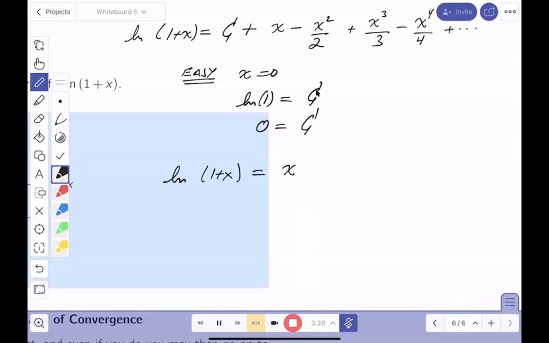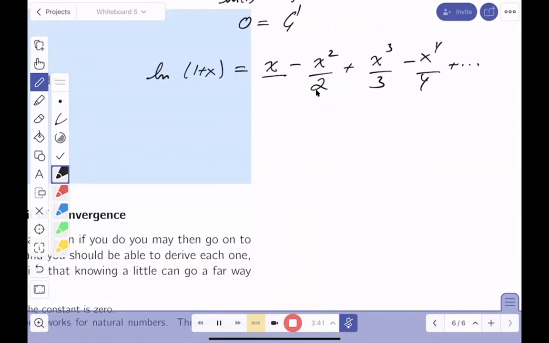What is it? x minus x squared over 2. We'll look at the key later, by the way. Plus x cubed over 3 minus x to the 4 over 4, yada, yada, yada. Let's write it down as a sum. Let me see if I'll put a 1 there, and I'll put a 1 there. And let's write this down. So what's it going to be? This is going to be equal to the sum.